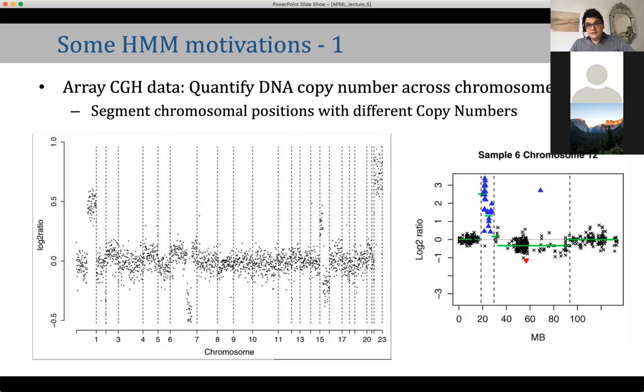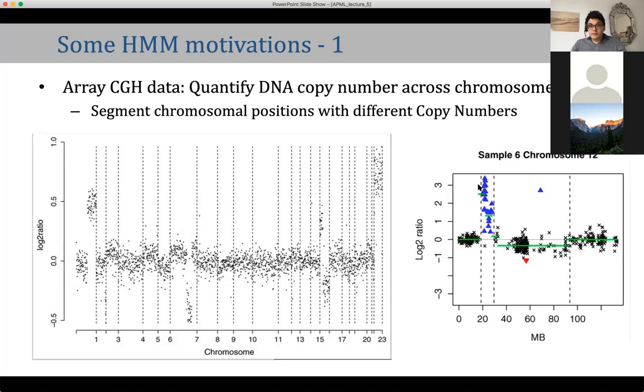the Markov part, the sequential data, will be important. We have a sequence of points, and we want to estimate where there were changes, where there were ruptures, and whether there were different values. So we want to segment the positions according to those copy numbers.